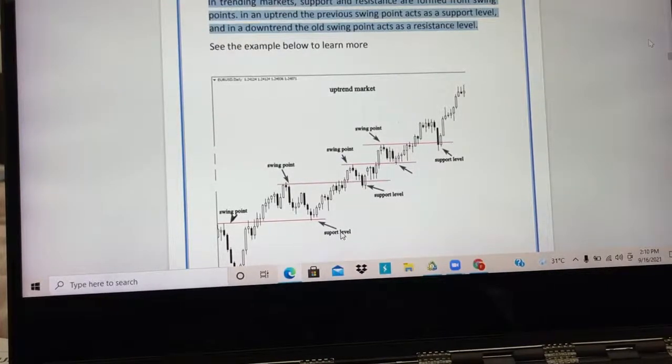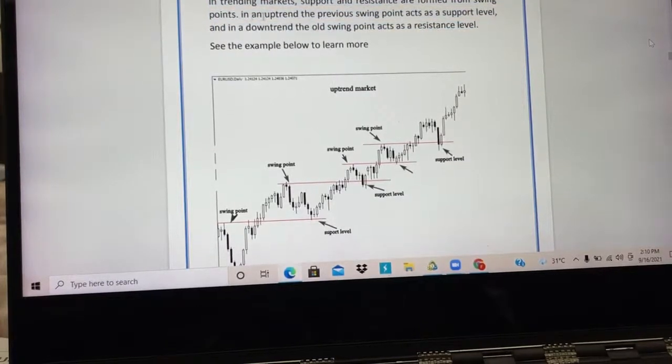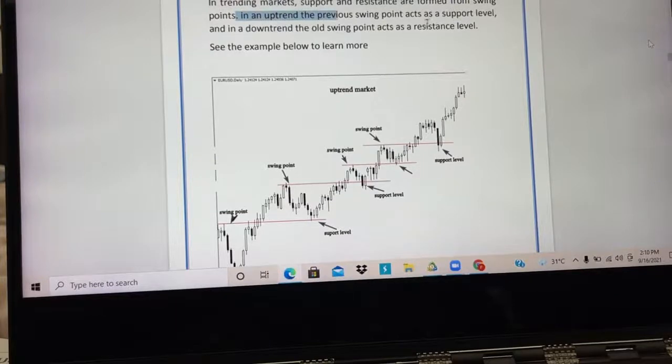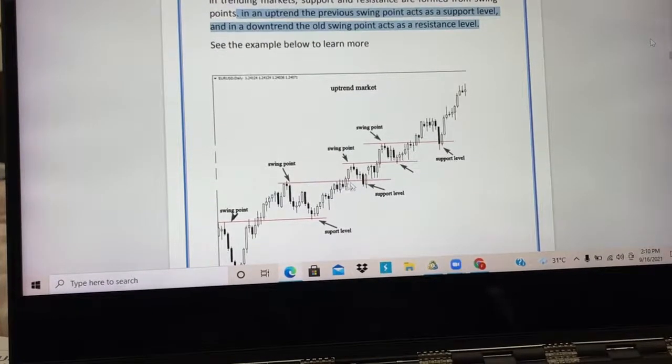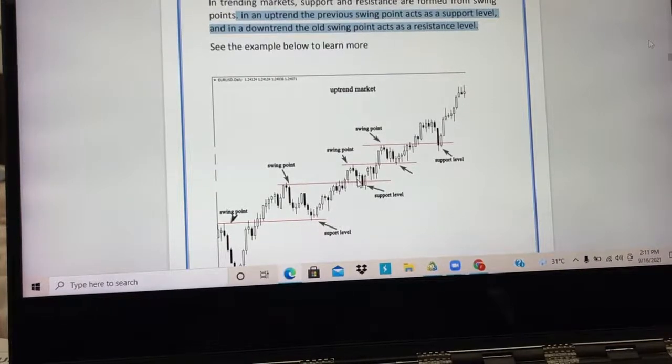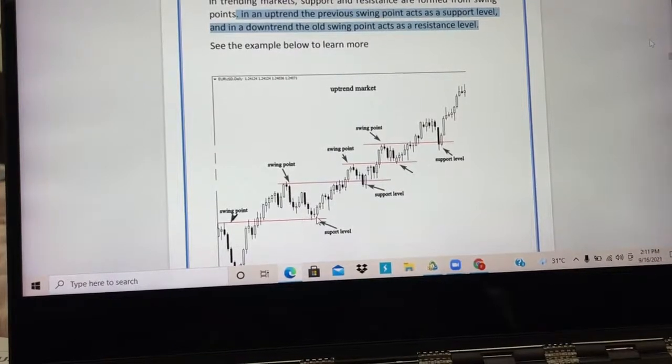Also, a key point to note is that every time the market continues to go higher, the previous swing point, which is the resistance, will now act as your support. Just take, for example, right here.